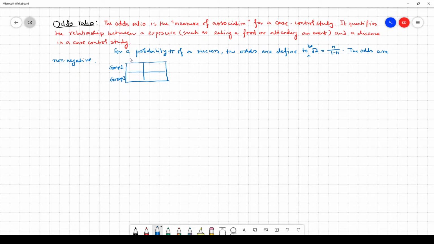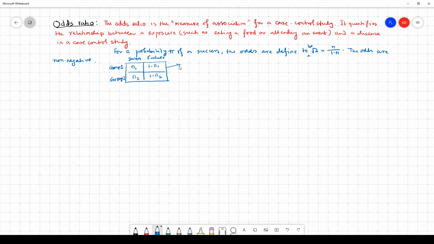Group 1, group 2, and this is success and failure. For group 1, success probability is denoted by pi 1, and obviously the failure probability is 1 minus pi 1. Similarly, for group 2 it is pi 2, and 1 minus pi 2 is the failure probability for group 2.